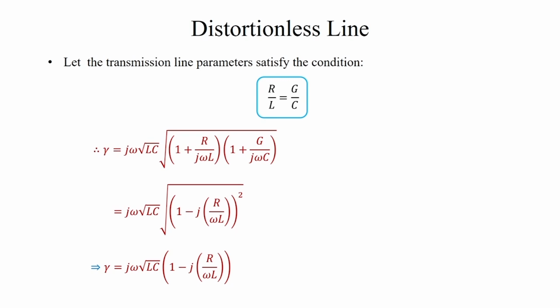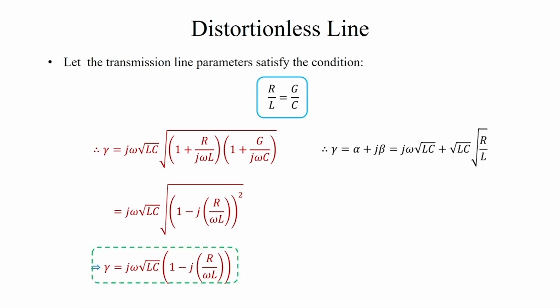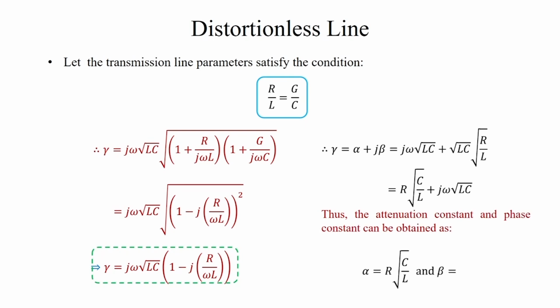So, if we compute alpha and beta, the real and imaginary parts of gamma, we get alpha equal to R root C by L and beta equal to omega root L C. So, we find that beta now varies linearly with omega and alpha does not contain any omega term.